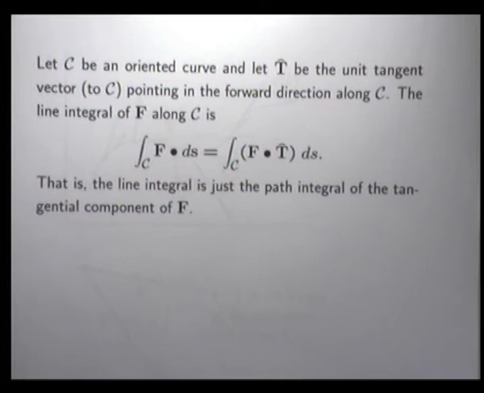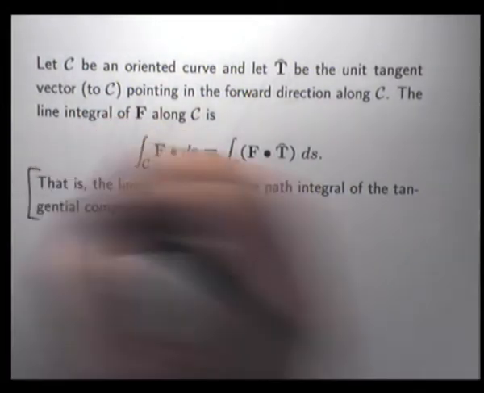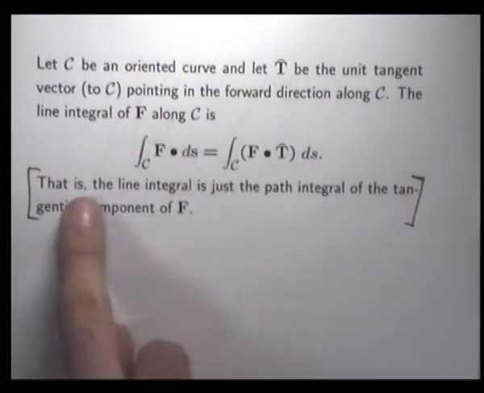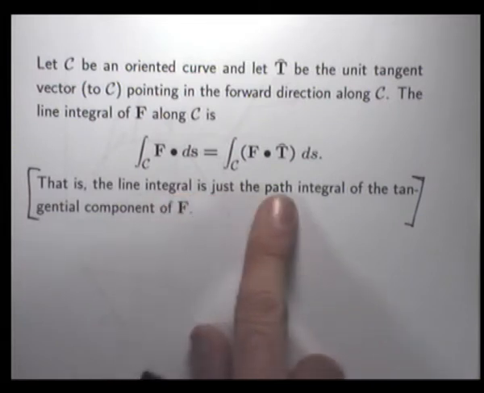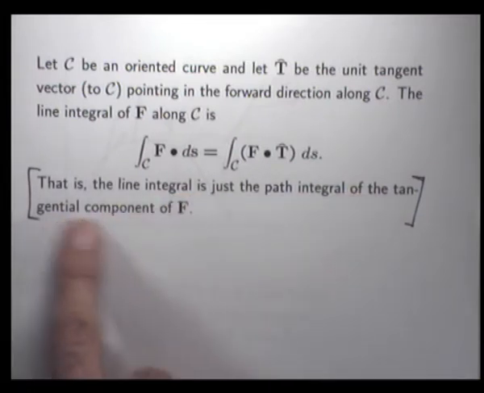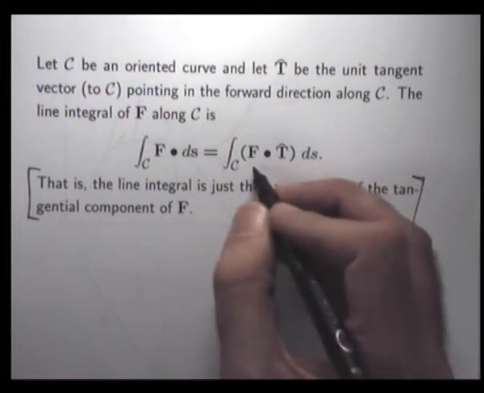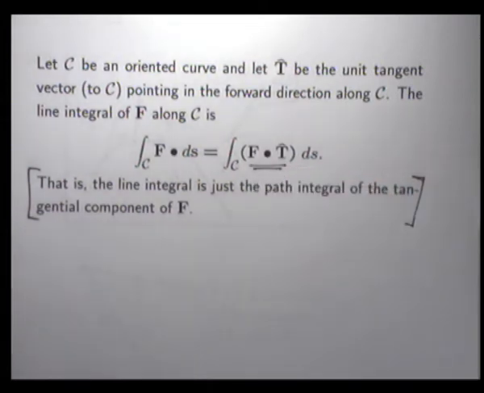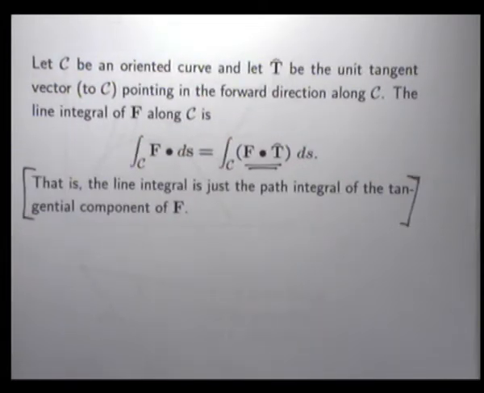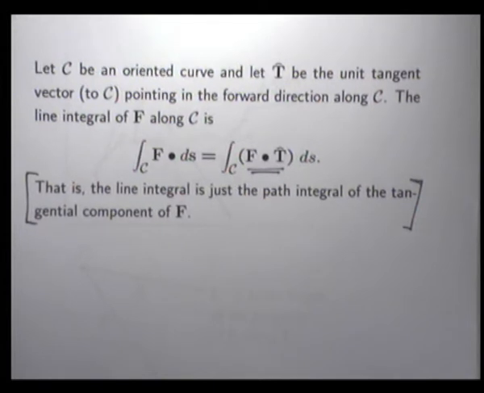So what does that mean? Well, roughly speaking, the line integral is just the path integral of the tangential component of F. So this dot product here is just the tangential component of F.